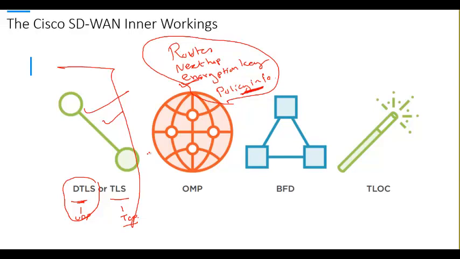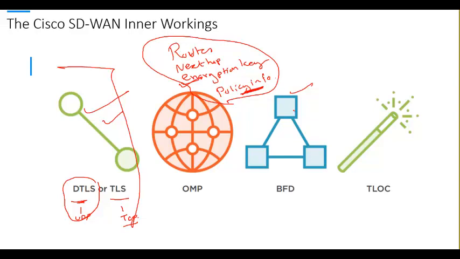Next, BFD. BFD is used only between SD-WAN edge routers, and it provides the path liveliness.